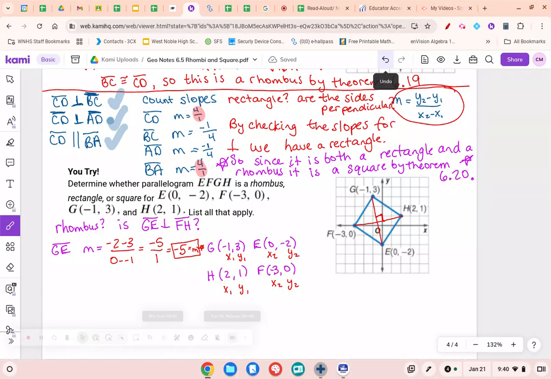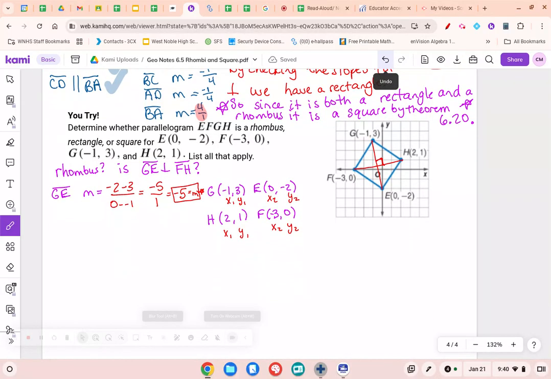Now, I need to make sure that these are perpendicular to each other, so I am going to find the slope of FH now, or HF, by plugging in its numbers. So I have 0 minus 1 over -3 minus 2. This is a -1 over -5 slope, which becomes 1 over 5 when I reduce or get rid of those negatives.